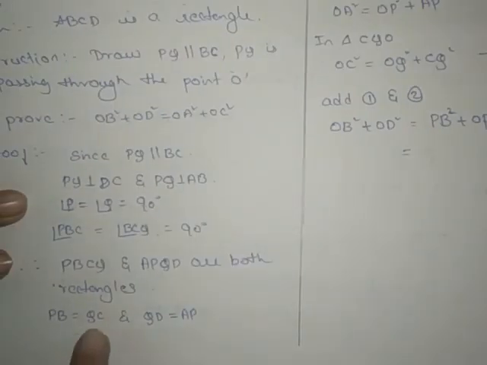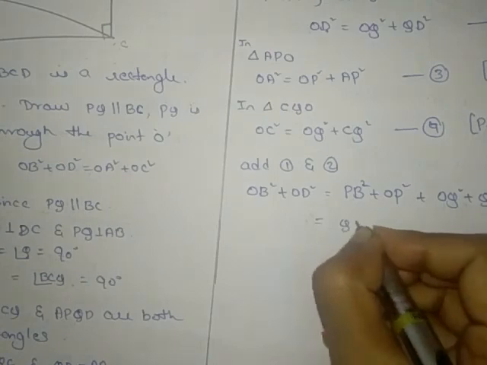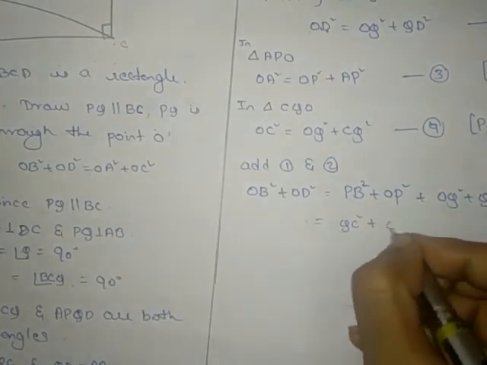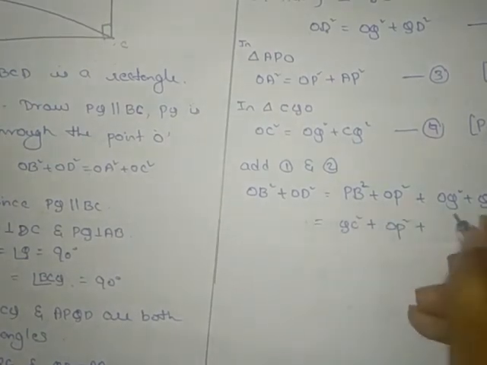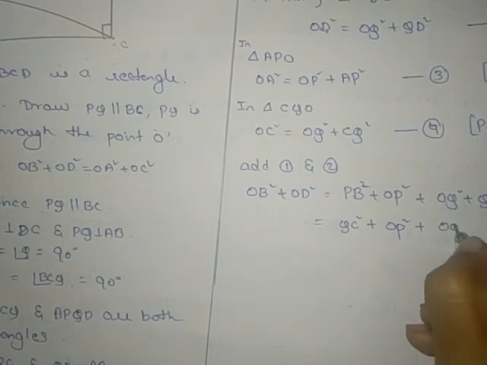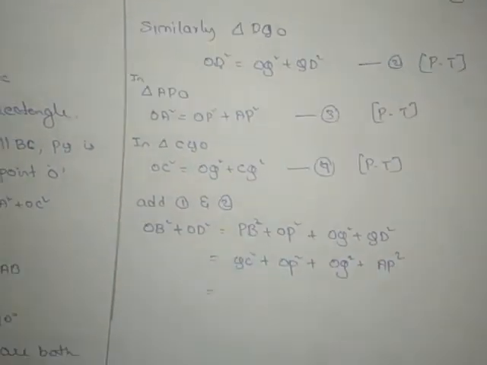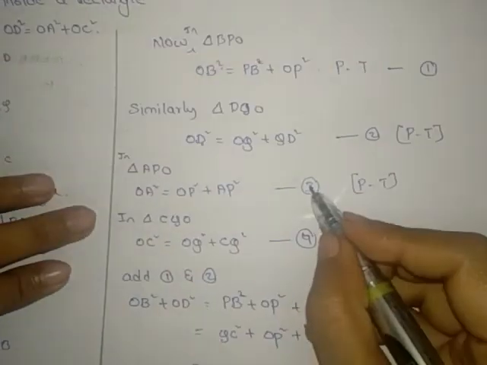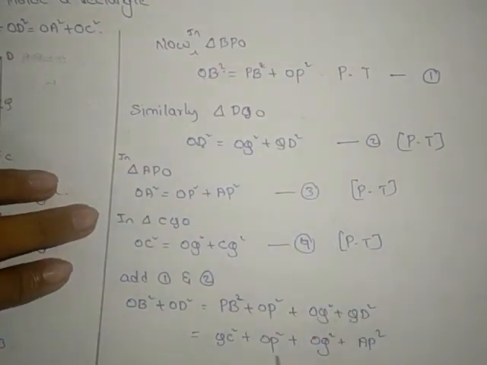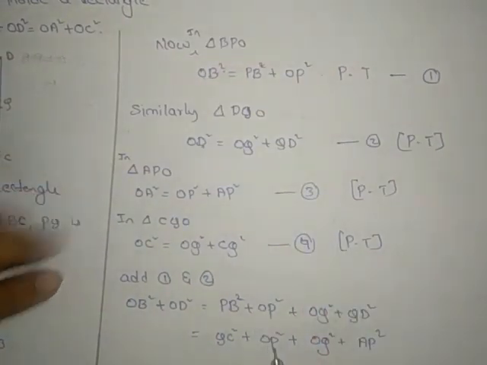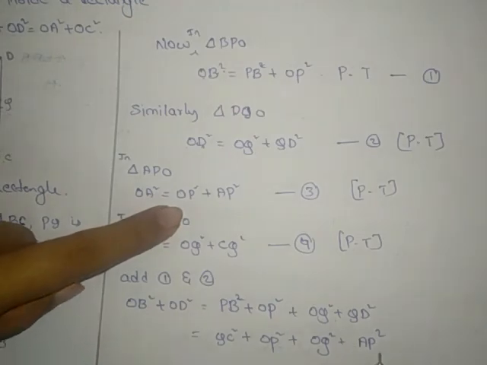PB means here what did I get? QC, or no? So we'll put it here. QC square plus, we'll keep OP as it is, plus OQ square plus QD means here we got AP. So we'll write here AP square. Now you can observe that in 3 and 4, OP square plus AP square, right?